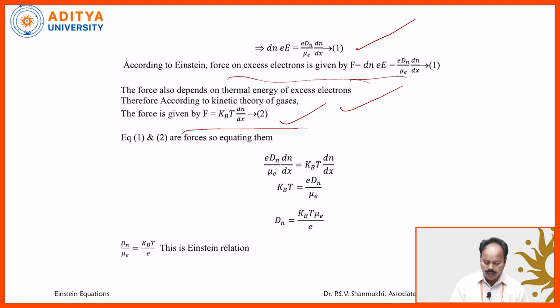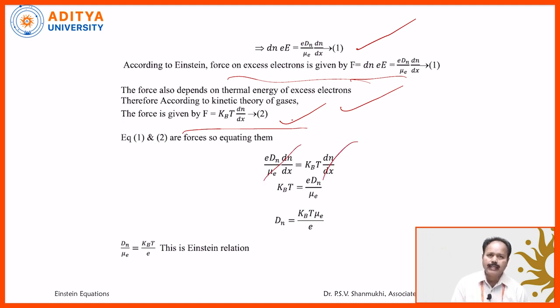Then equating equations 1 and 2, what do we get here? e times equation 1, e Dn dΔn/dx over μe, is equal to equation 2, kB T dΔn/dx. Simplifying, dΔn/dx cancels on both sides.